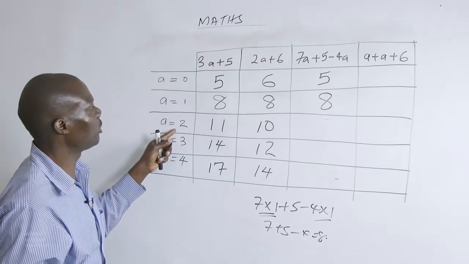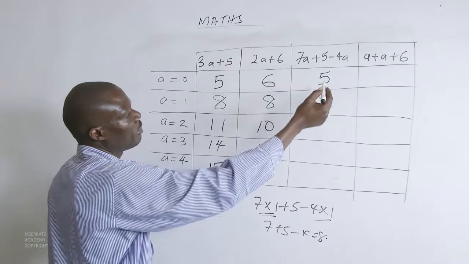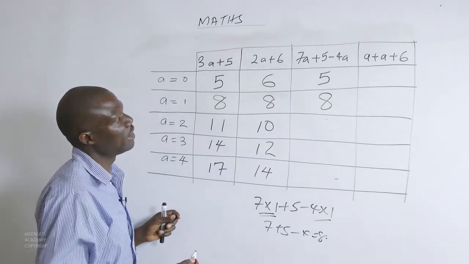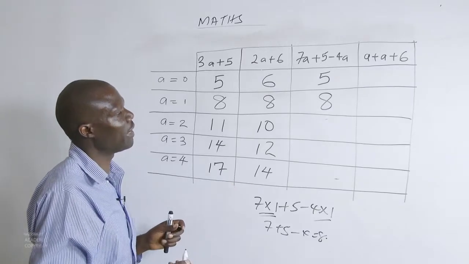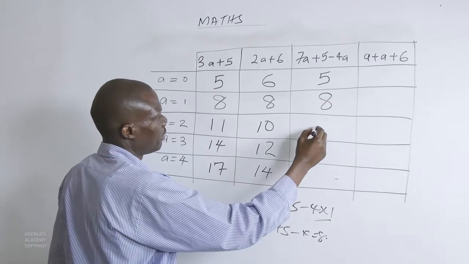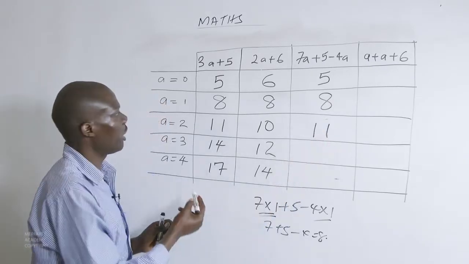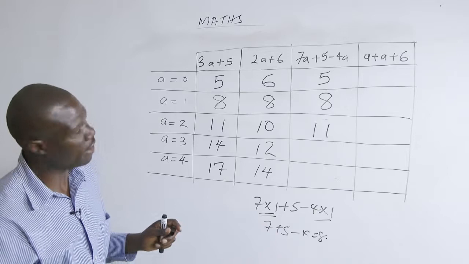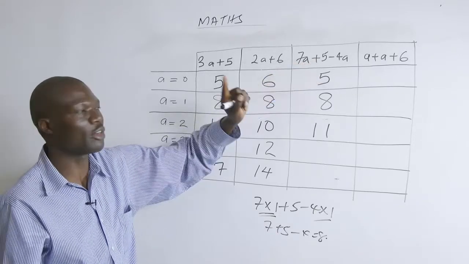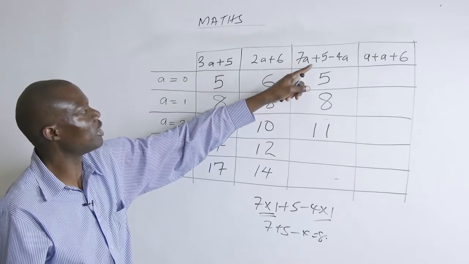When A is 2, this is 14. 14 plus 5 gives us 19. And then 19 minus 8 gives us 11. When A is 3, we shall have 21 plus 5. That one gives us 26.